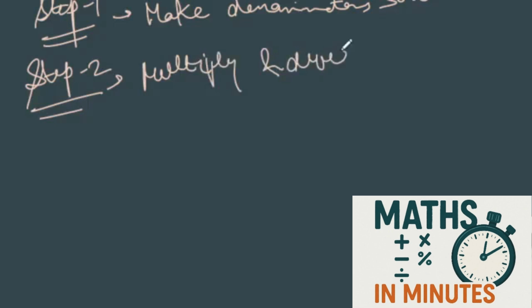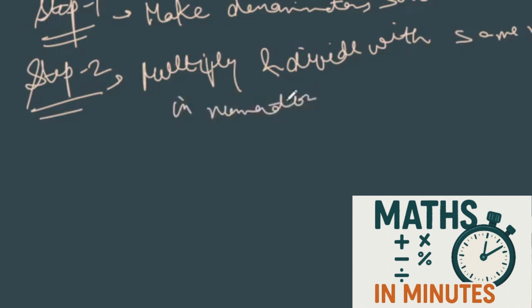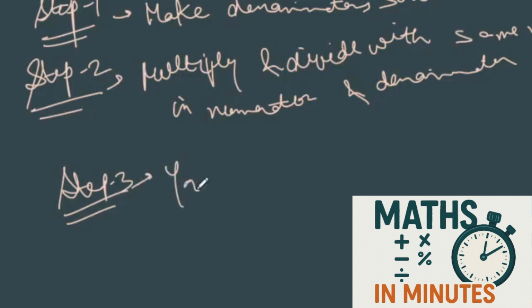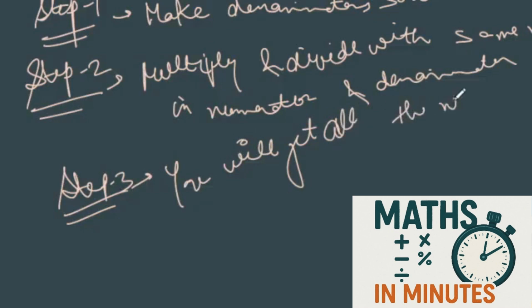Multiply and divide both the fractions with the same number in numerator and denominator, right? And step number 3 is you will get all the numbers required. That's it.